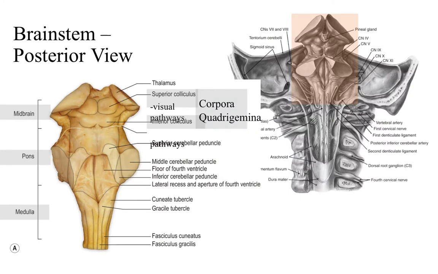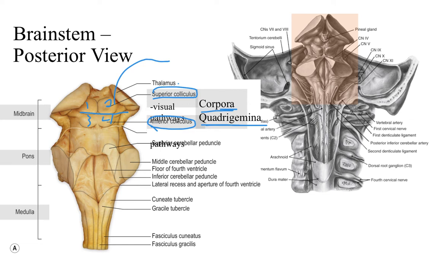Looking at a posterior view of the midbrain, we have this structure called the corpora quadrigemina, or four twin body. So 1, 2, 3, 4 structures, and if you divide them in half, superior versus inferior, they are known as the superior colliculus, actually, that's right here, and the inferior colliculus right here.